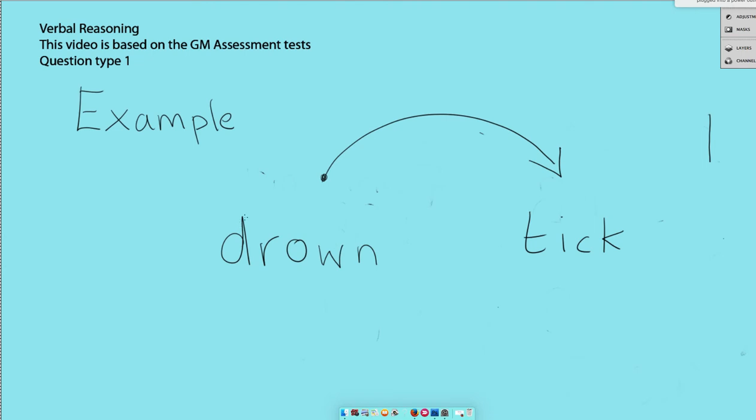You can't move the O because that wouldn't make sense at all. Every English word has to have a vowel sound. Could you move the D? Doesn't make a word. But you could move the R. Could you put it in there? You can't go tick, but you can put it there to make trick. So our letter is R.